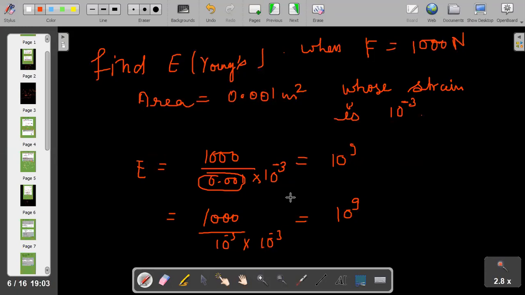Young's modulus of elasticity is clear? It is stress by strain.